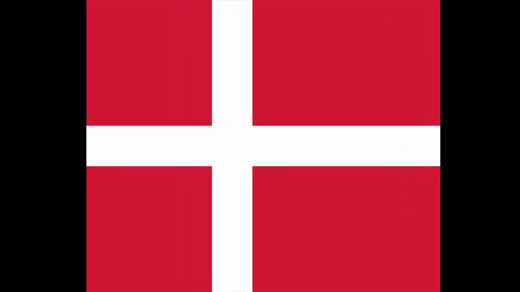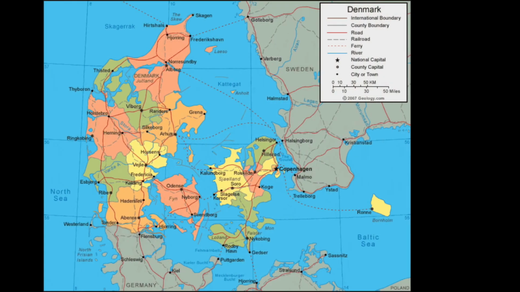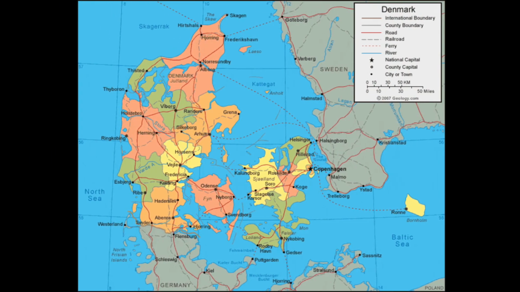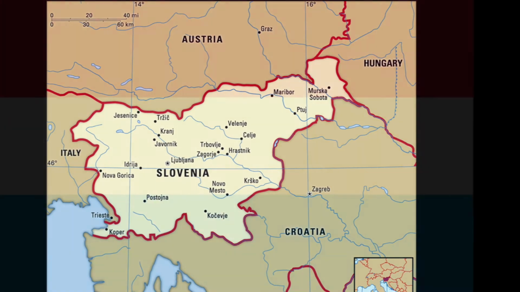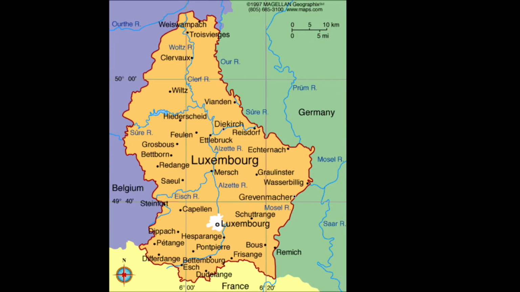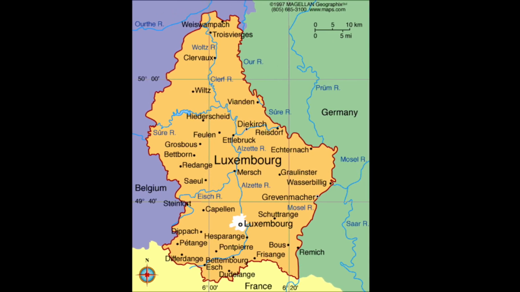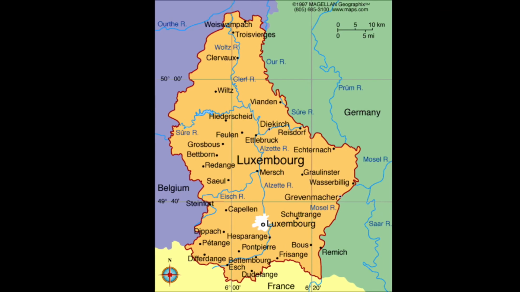Denmark is in the fourth stage of the demographic transition model and has a pollution index of 20.40. Number 9, with Slovenia. Slovenia is in the fourth stage of the demographic transition model and has a pollution index of 22.65. And finally, number 10, with Luxembourg. Luxembourg is in the fourth stage of the demographic transition model as well and has a pollution index of 23.27.